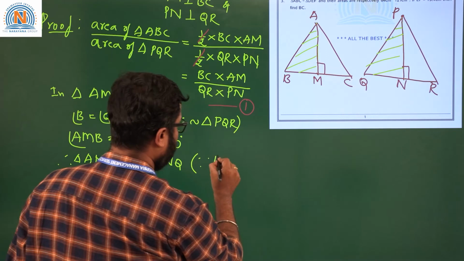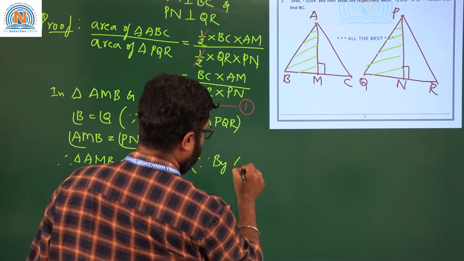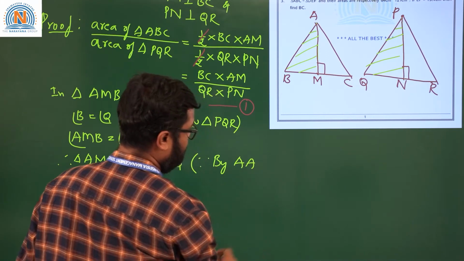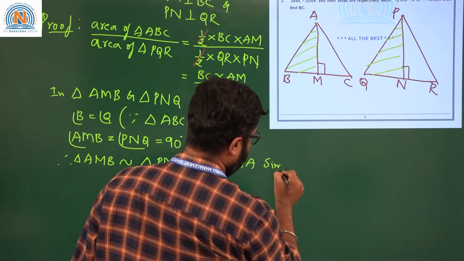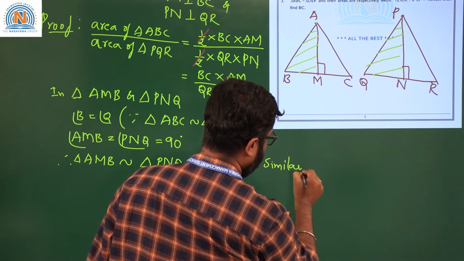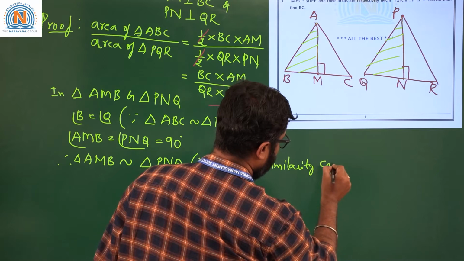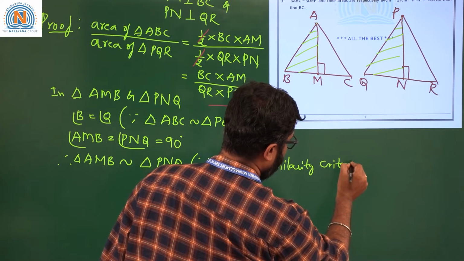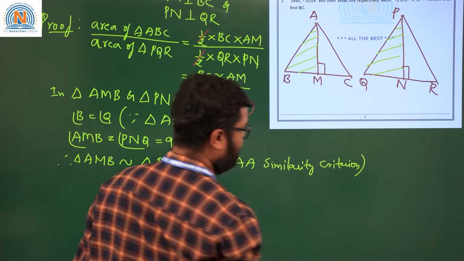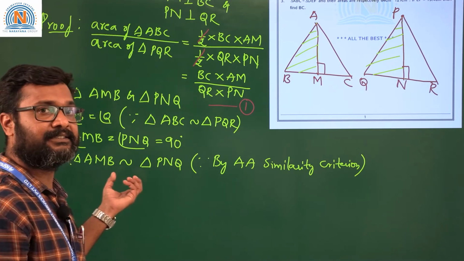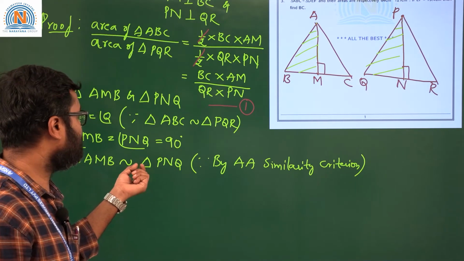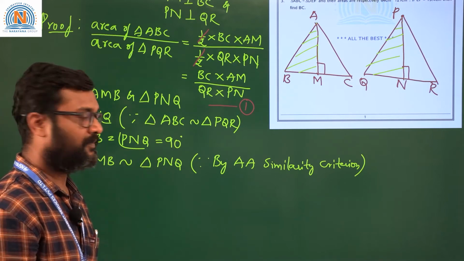Since by AA similarity criterion, on this criterion we can take triangle AMB is similar to triangle PNQ.